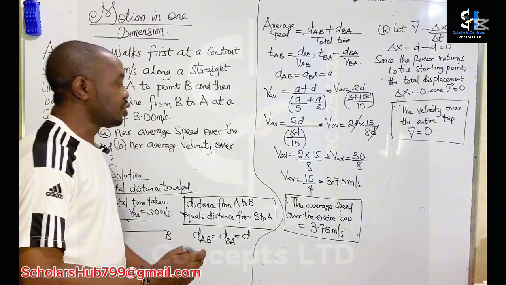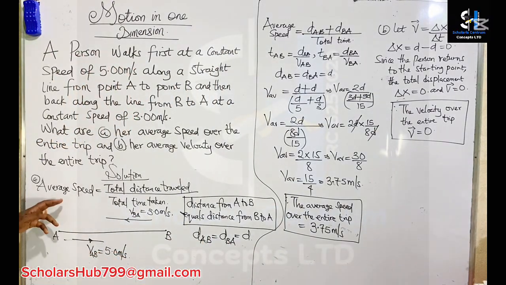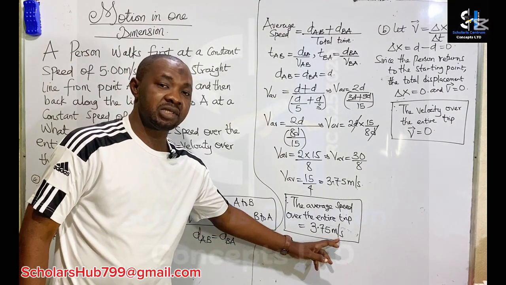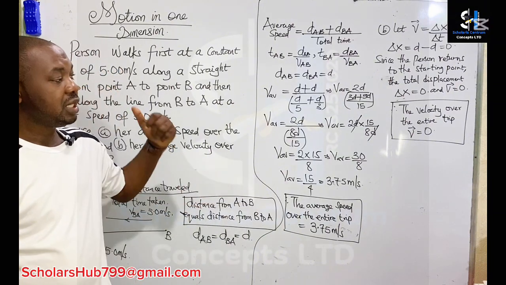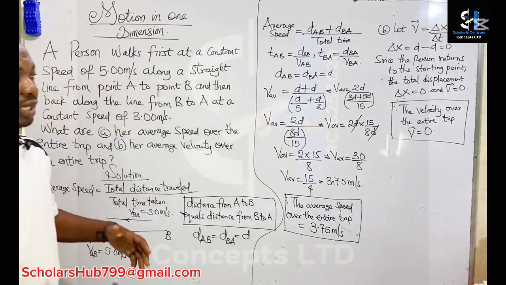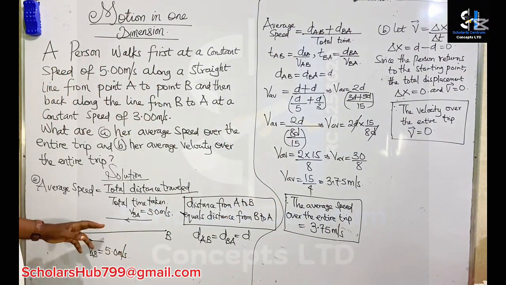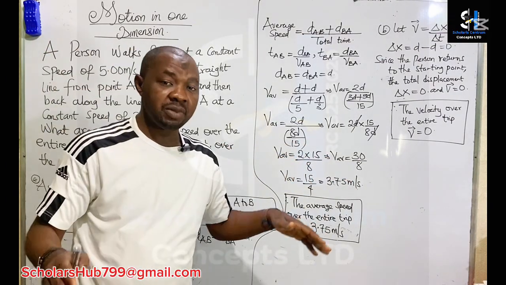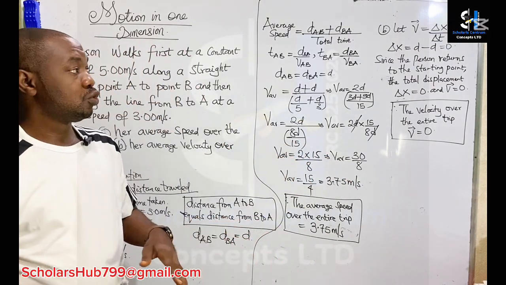So which means now we have average speed. The average speed is 3.75 meters per second, but the average velocity over the entire trip is equal to 0. That is because the total displacement will be equal to 0.